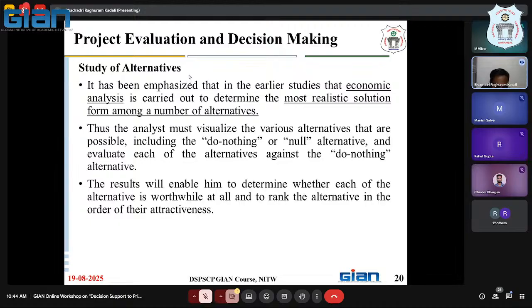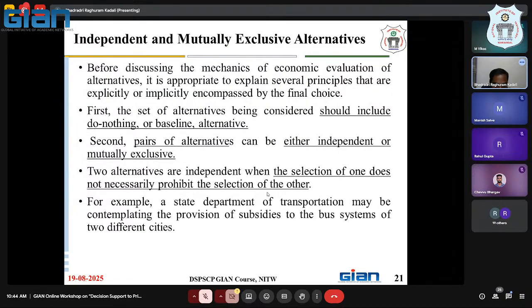Then you make a ranking of all these alternatives. The best alternative, with the most attractive benefits, would be your topmost ranked alternative, or rank one alternative. But the economic evaluation of the alternatives is appropriate only under several principles.